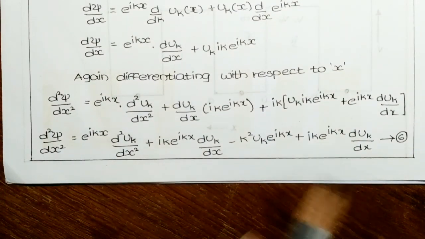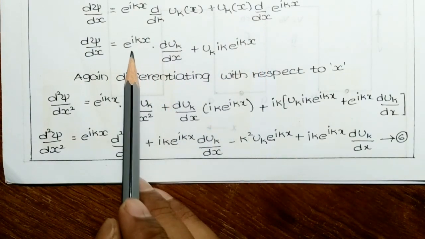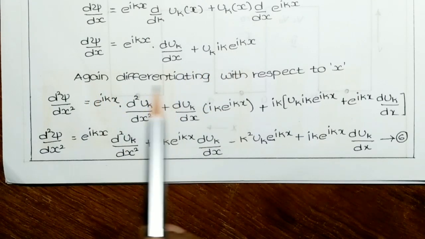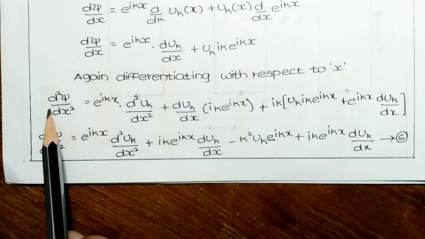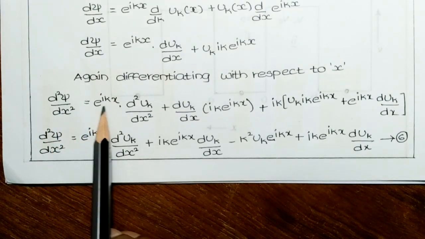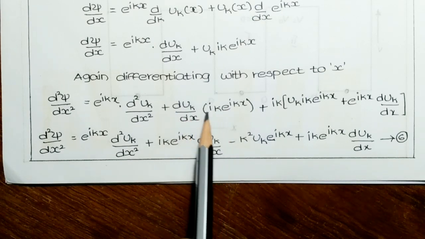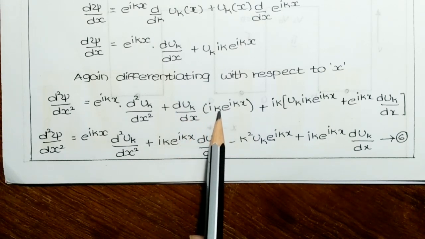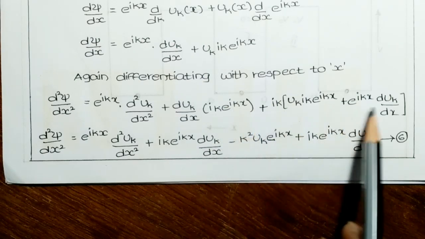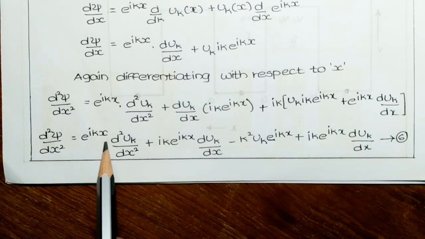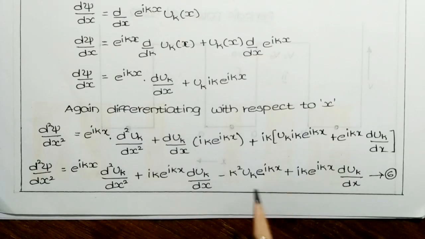Now again differentiate, this is u, this will be v, again with respect to x. d²ψ/dx² = e^(ikx) d²u_k/dx² + du_k/dx ik e^(ikx) plus the uv terms in the same manner. You have to solve this, then we will get equation 6.